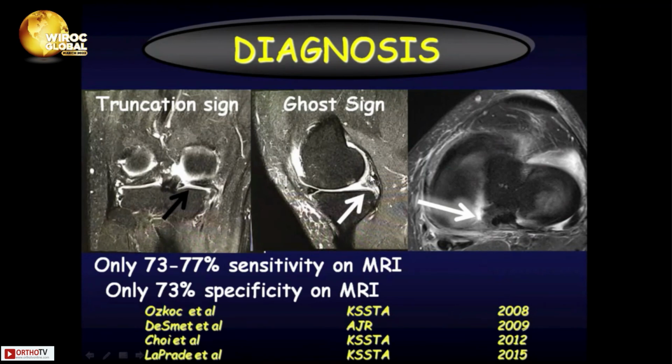Second, the ghost sign, almost a disappearance of the dark signal of the medial meniscus. And then we have a transverse fluid signal. That means we have a tear of the root of the meniscus. And the specificity, if we combine all these axial, sagittal, and transverse views, is almost 100%.